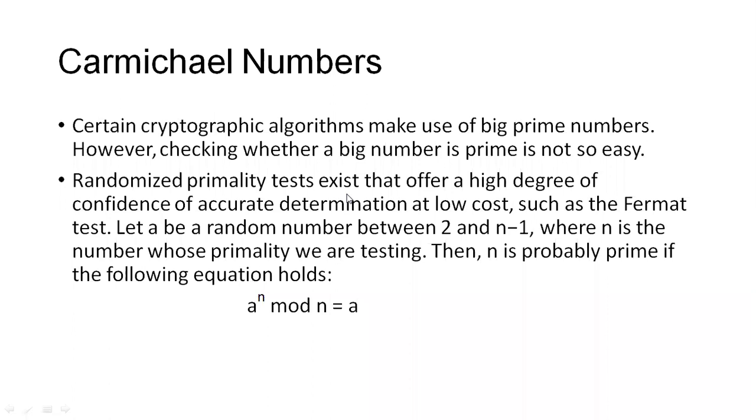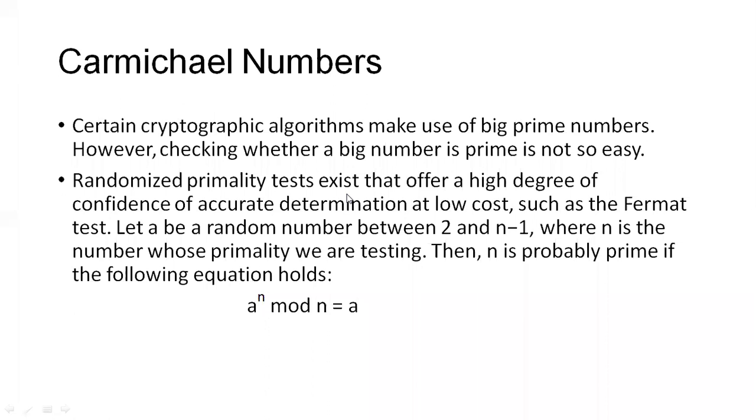By the confidence, you can accurately predict whether the number is prime or not. And we can determine that at low cost by using the Fermat test. By using this Fermat test, in less time and with less calculation, we can predict whether a big number is prime or not.